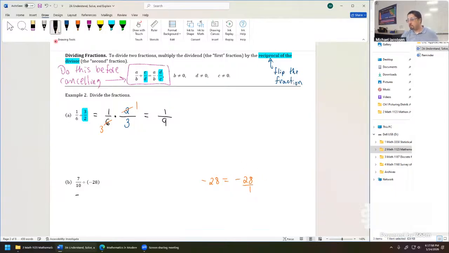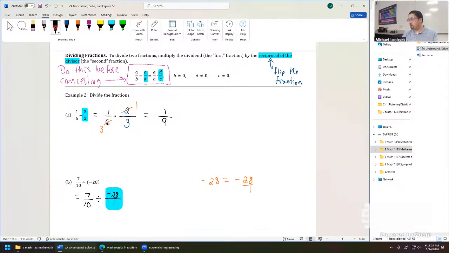So let's start this problem. Say 7/10 divided by -28 is going to be 7/10 divided by, I'll put the negative sign now in the numerator here, -28 over 1. Let me just fix that penmanship a little bit. So we're always taking the reciprocal of just the second fraction.